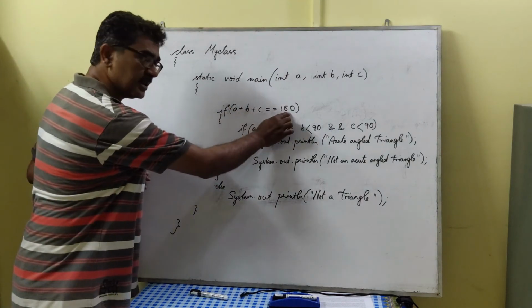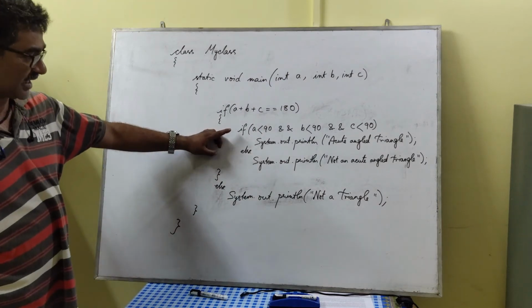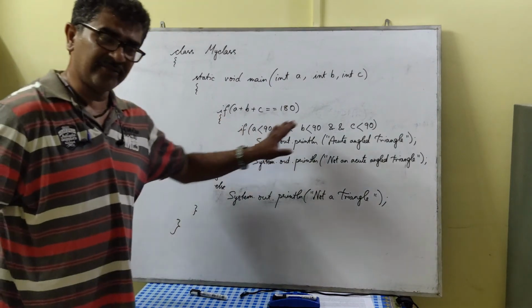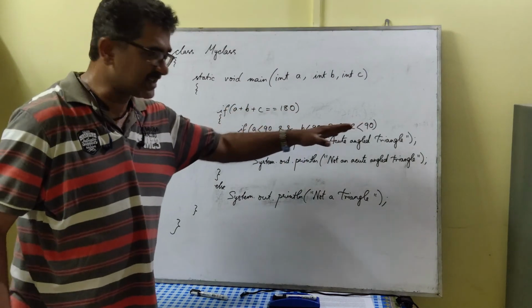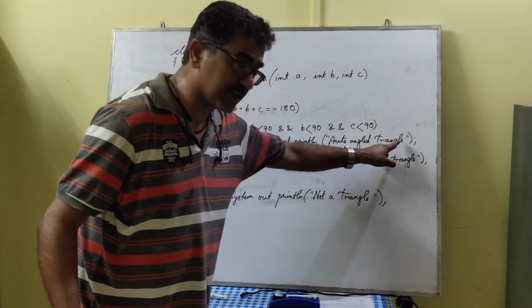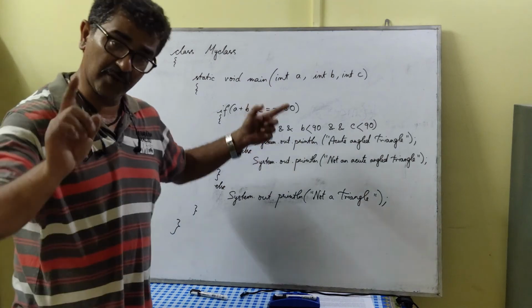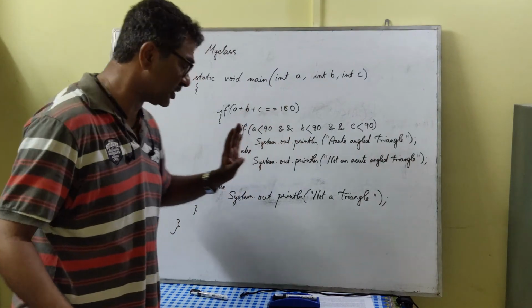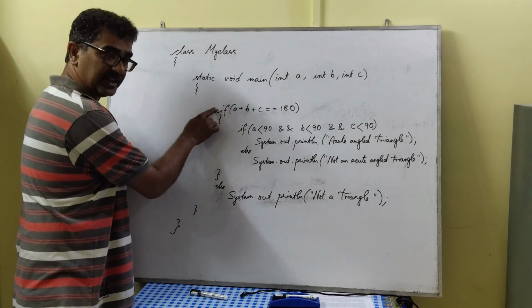Now, if it forms a triangle, that means if the sum is 180, what it goes on to check is whether every angle is less than 90 or not. If every angle is less than 90, naturally it must be an acute angle triangle. In that case, it prints an acute angle triangle. Otherwise, it prints not an acute angle triangle. But at least it forms a triangle, but it may not be an acute angle triangle. So here you can see we have an if statement inside another if statement.